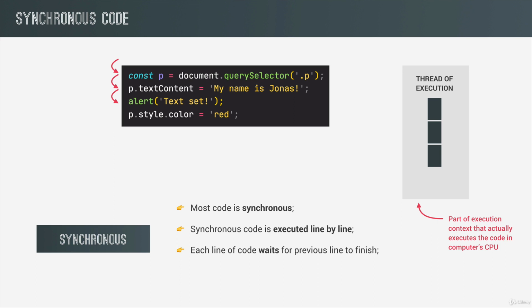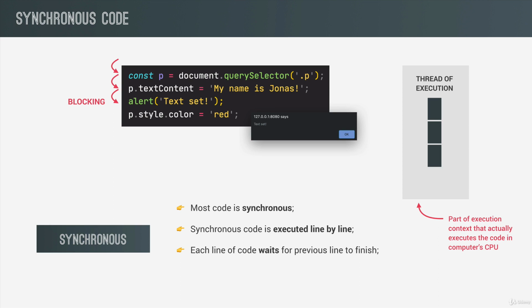For example, in this current line of code, we have an alert statement which creates this alert window. Now, as we've experienced in the past, this alert window will block the code execution, right? So nothing will happen on the page until we click that OK button. And only then the code can continue executing.